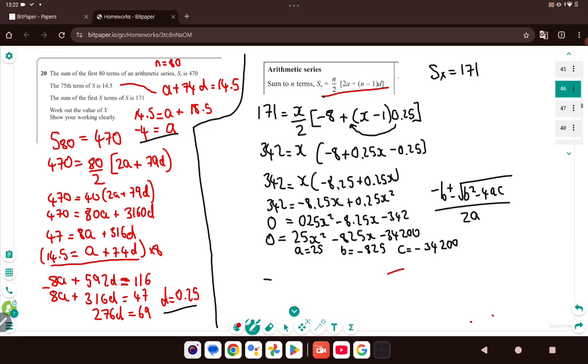So we've got 825 plus or minus, probably not going to need the negative, because x needs to be positive, working out the number of terms. Anyway, we've got 825 squared minus 4 times 25 times minus 34,200. Just work out this bit in brackets first, under the square root.